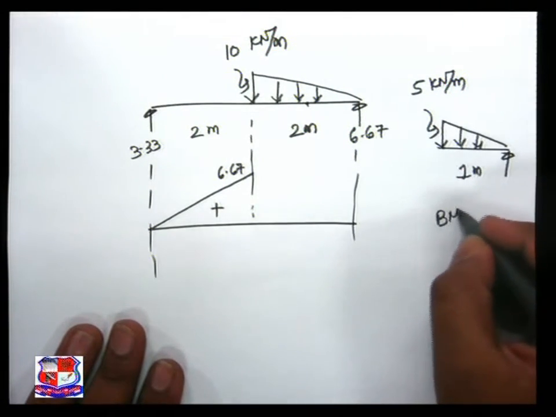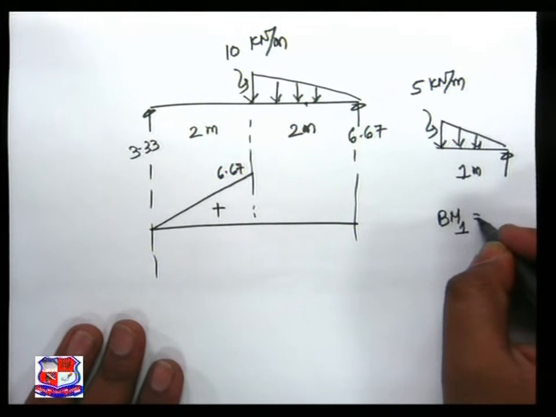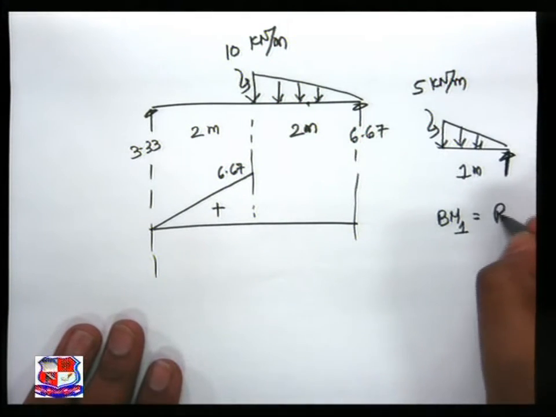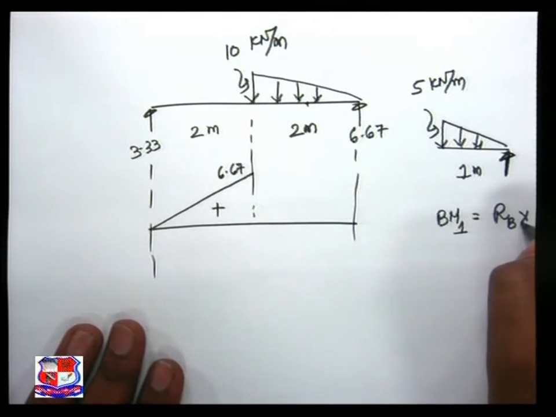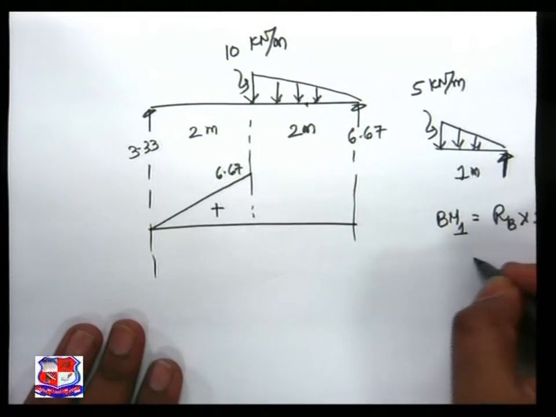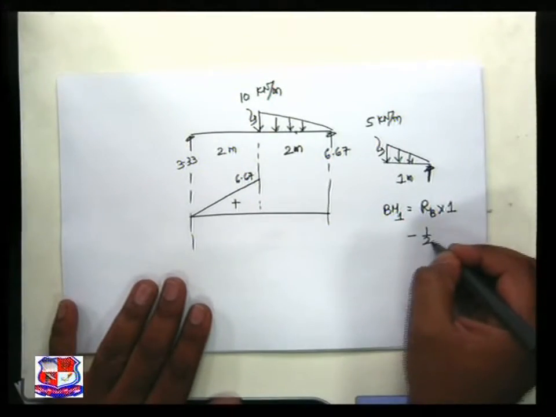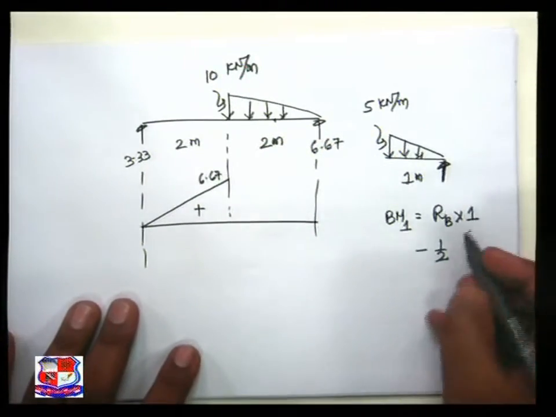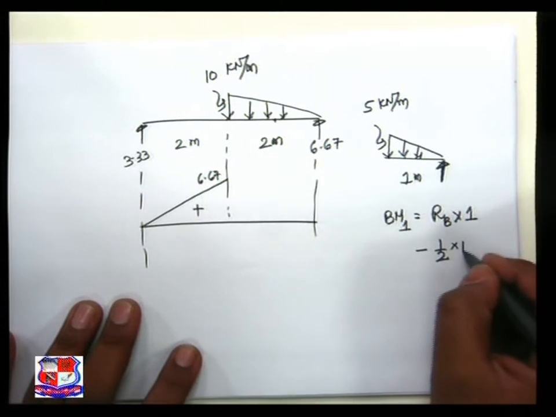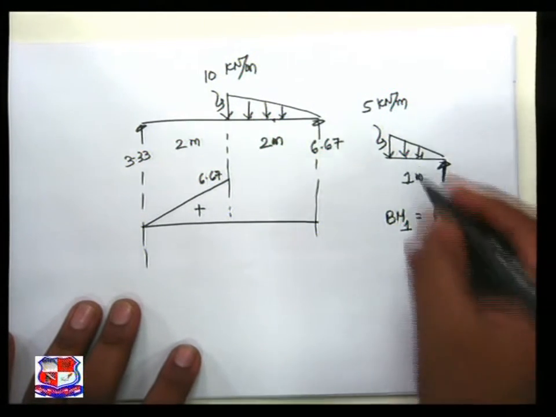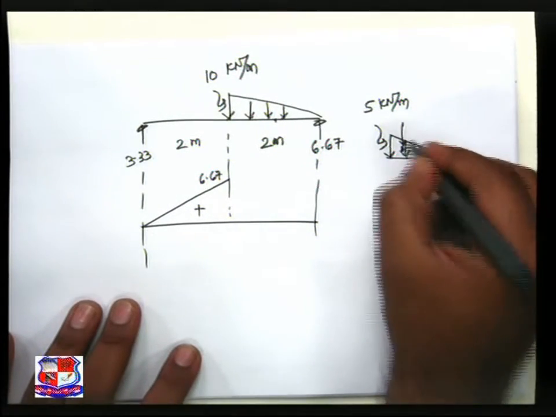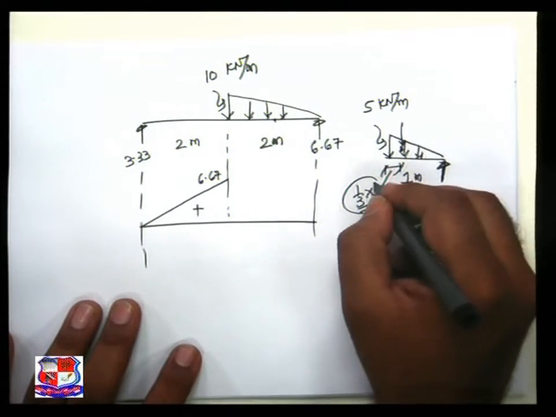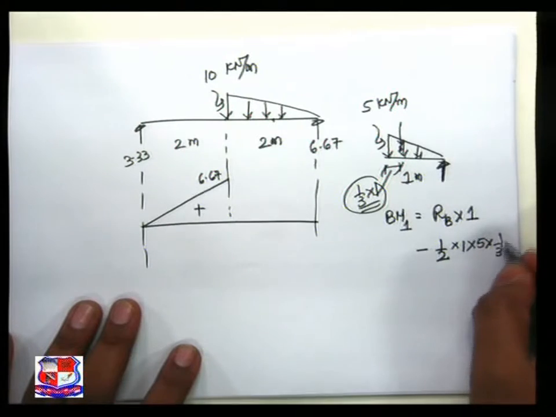So bending moment at 1 meter on the right side is equal to RB into 1 minus half into 1 into 5 into the CG distance, which is 1/3 into 1.